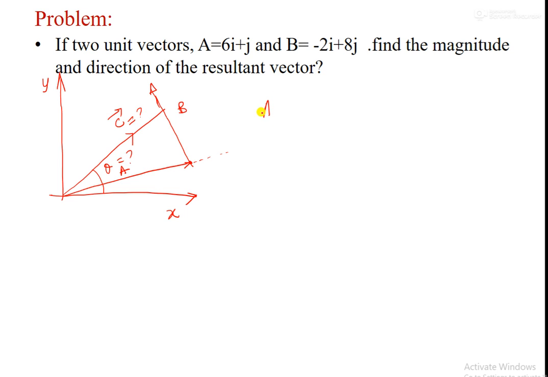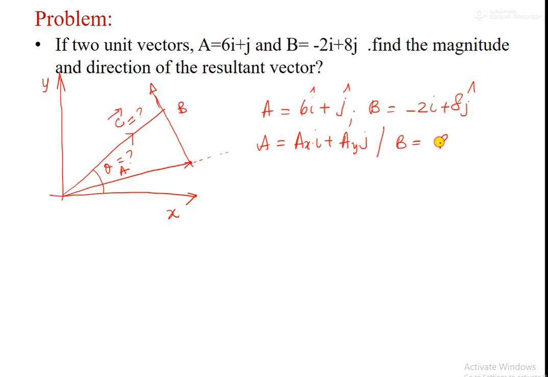So now here we have A equal to 6i plus 1j. Another vector is B equal to minus 2i plus 8j. These are given in component format, that is AX into I plus AY into J, and similarly for B. So if you are writing, this is AY and this is AX.